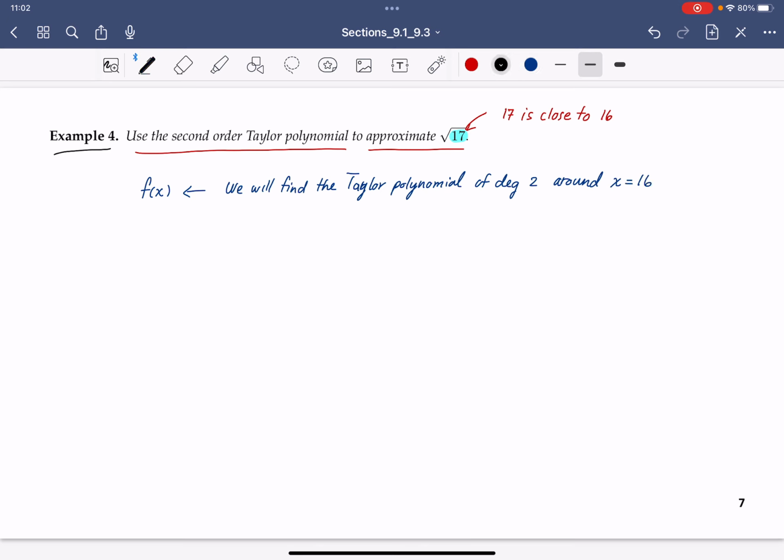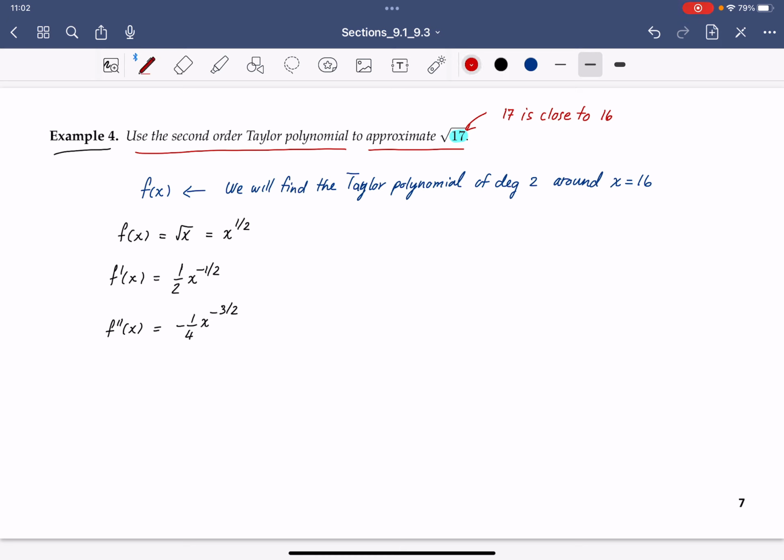We're going to start with f(x) equal to square root of x. When you differentiate one time, this is actually x to the 1/2 for f(x), so f prime is going to be 1/2 x to the minus 1/2. And then the second derivative is going to be minus 1/4 x to the minus 3/2, because you just differentiate.